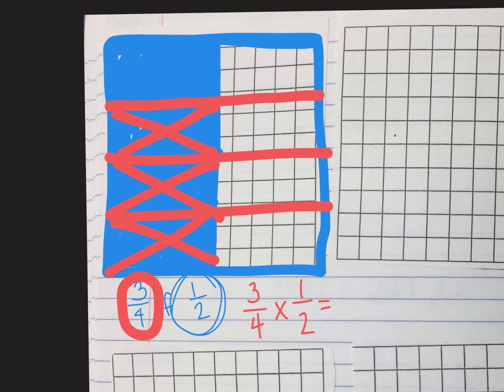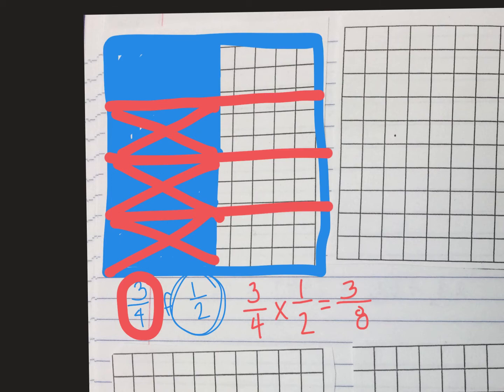And 3/4 of 1/2 means I now have 1, 2, 3 that have both colors, and now I want the total number of pieces. I have 1, 2, 3, 4, 5, 6, 7, 8. So 3/4 times 1/2 is 3/8.